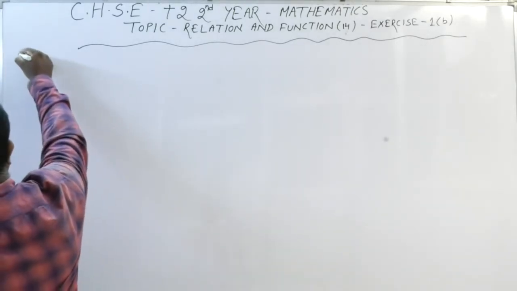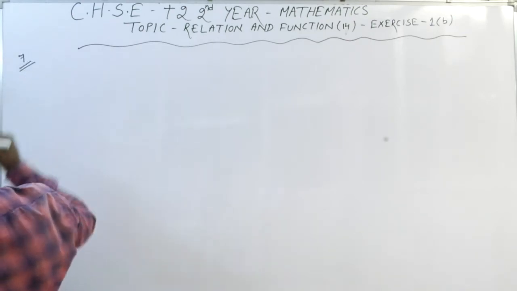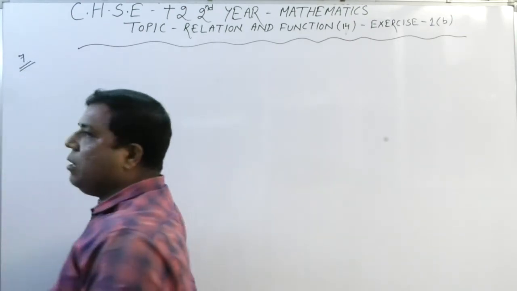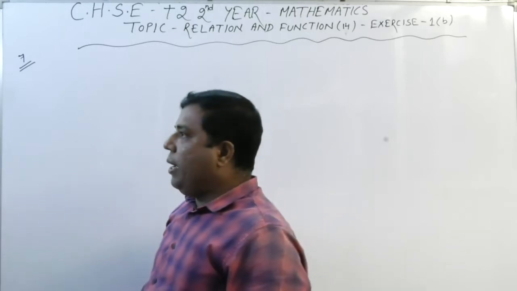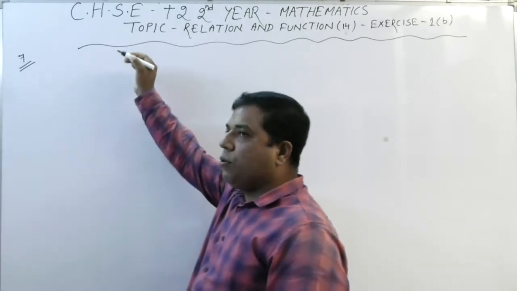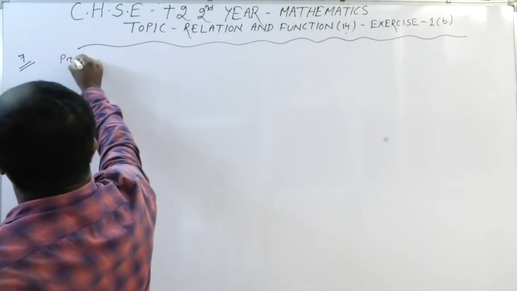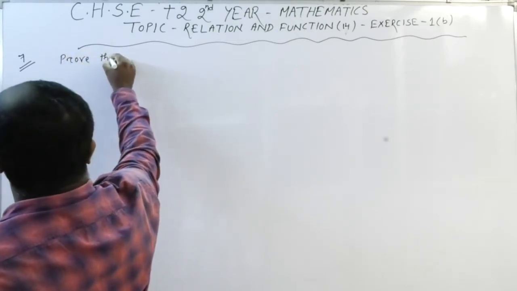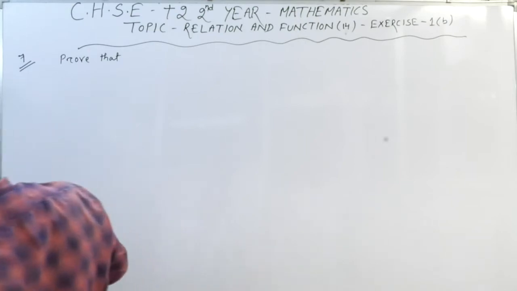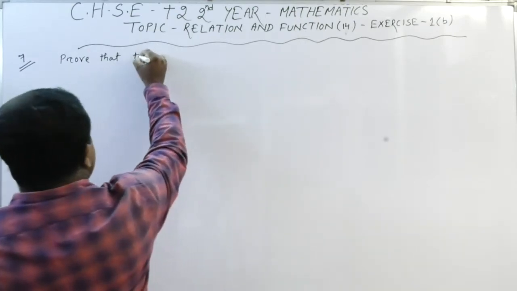Okay, so it is question number 7. The question is: prove that the following sets are equivalent.